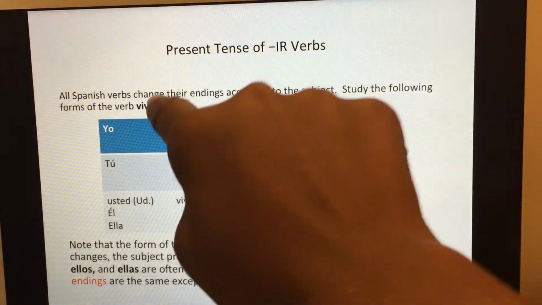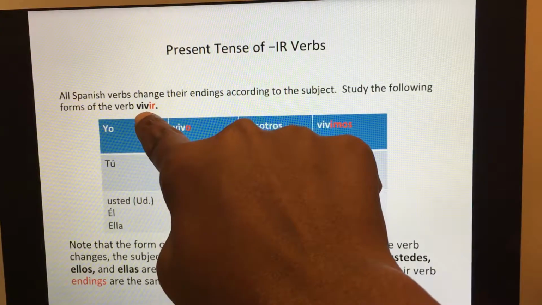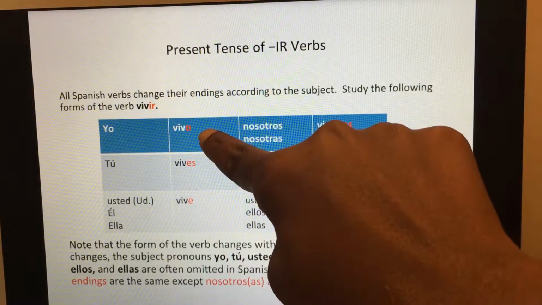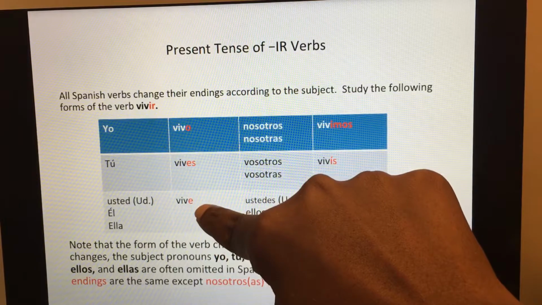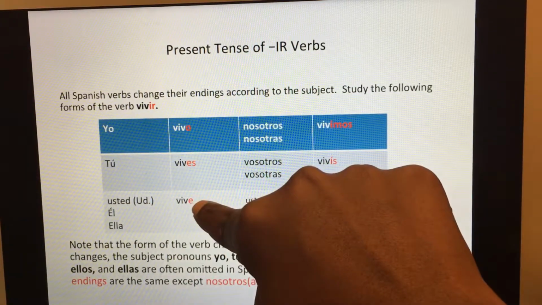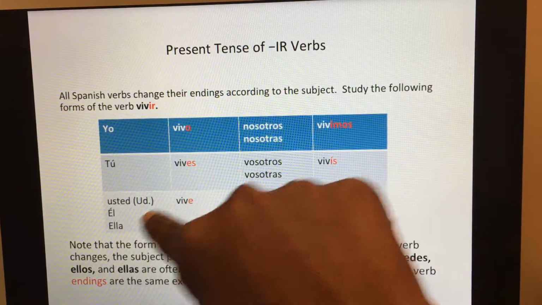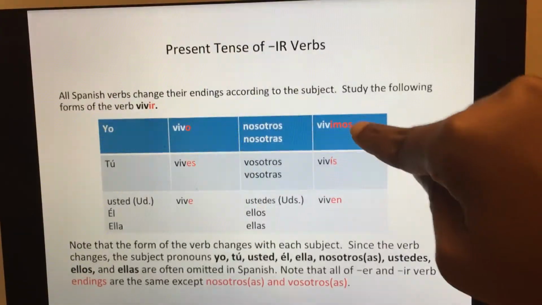Now we're looking at the verb vivir. The V sounds like B in Spanish. Vivir. This means to live. So vivo, I live. Vives, you live. Vive, usted vive, you live. Él vive, he lives. Ella vive, she lives.